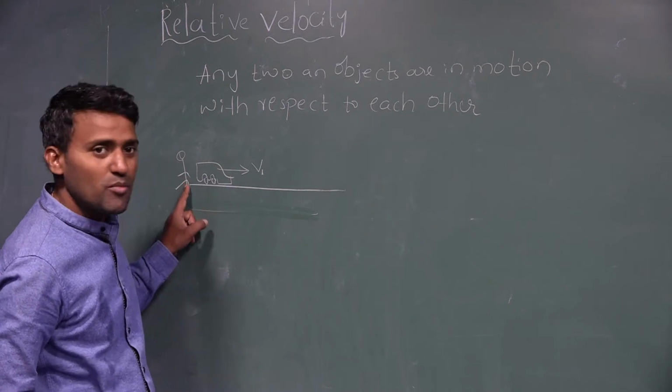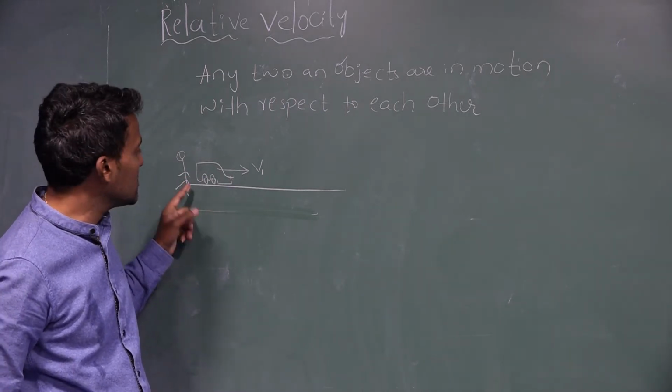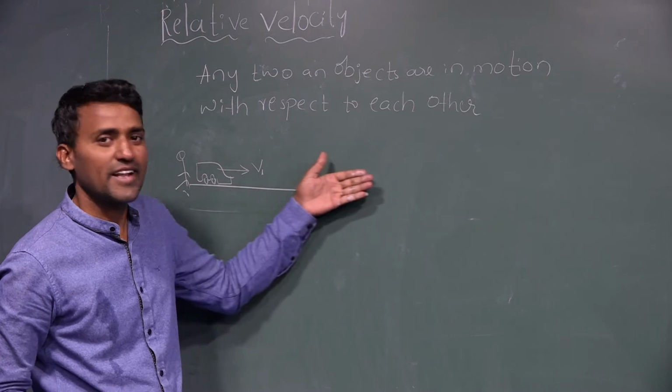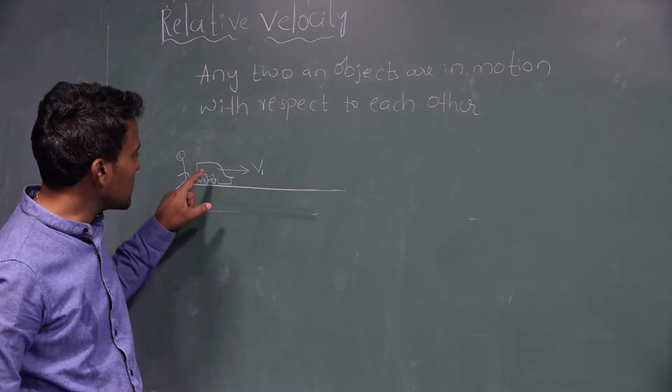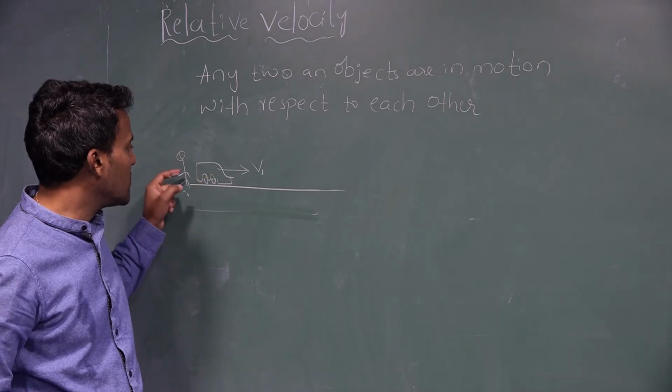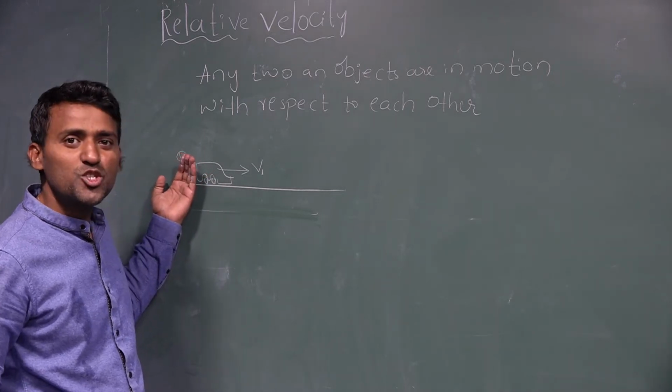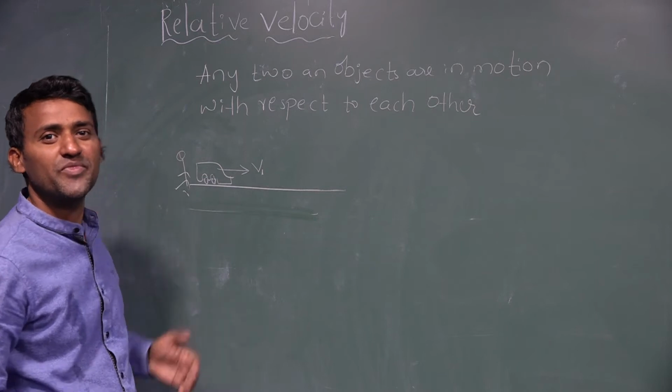With respect to the person standing, the car is moving in the forward direction. And with respect to the car, the person appears to be going in the backward direction.